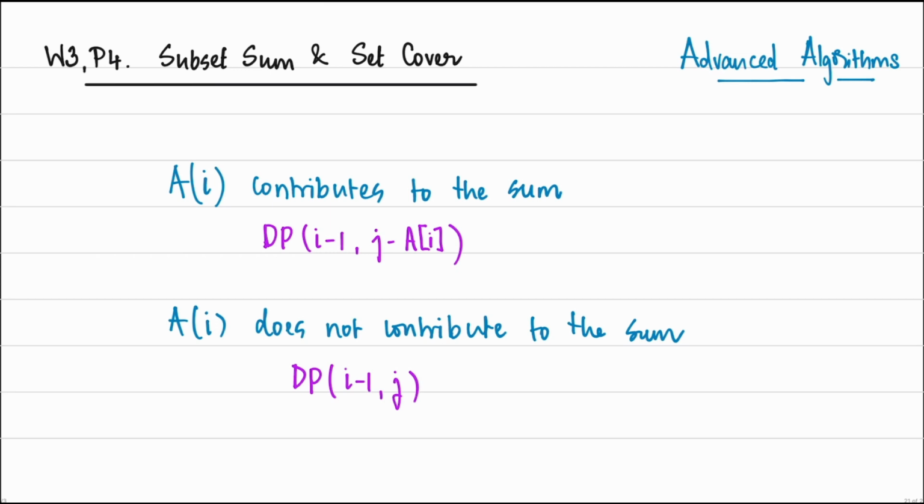So these are the two values of interest, so to speak. And of course, depending on your preference, you could write an if statement to distinguish between the scenarios when a of I is too big for the target.